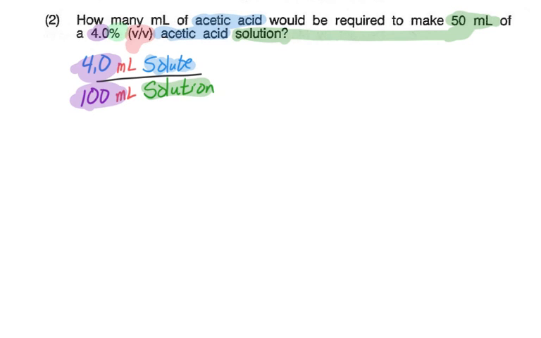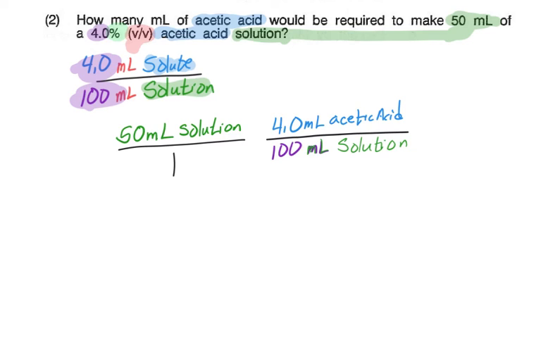So we have acetic acid as our solute, and the 50 milliliters of solution is the amount of solution that we have. I'm going to start the problem with our 50 milliliters of solution, and then we're going to use that ratio that we came up with, the 4 milliliters of acetic acid for every 100 milliliters of acetic acid solution. And we see that the milliliters cancels out, and that solution cancels out, leaving us with milliliters of acetic acid on top.